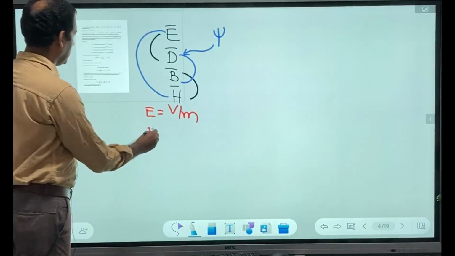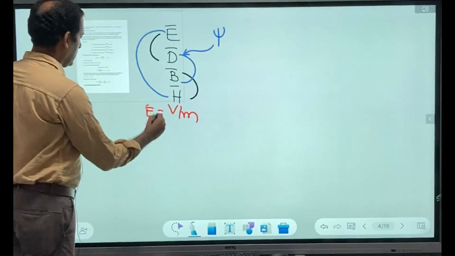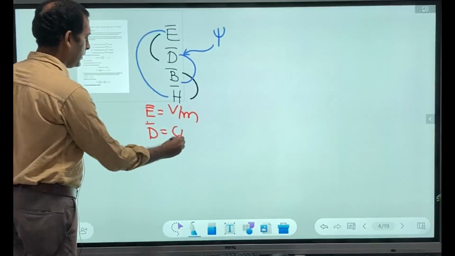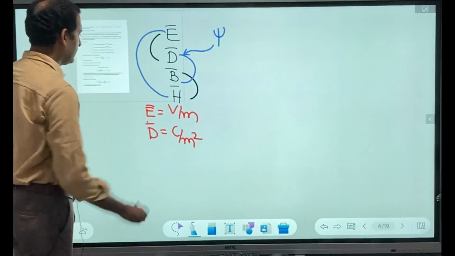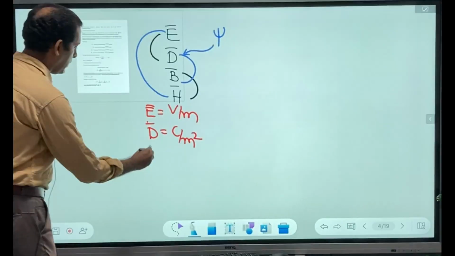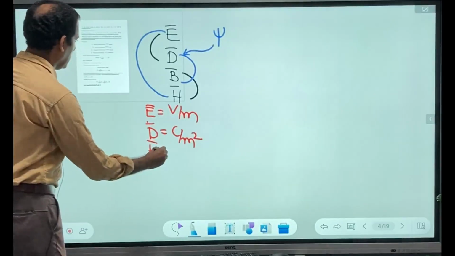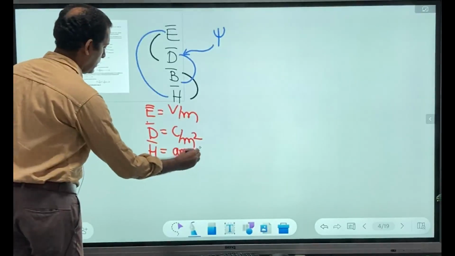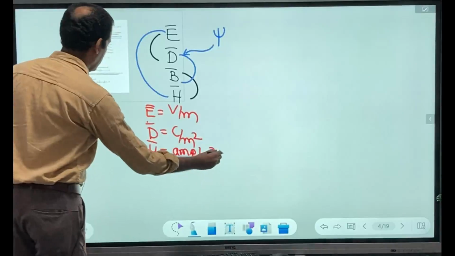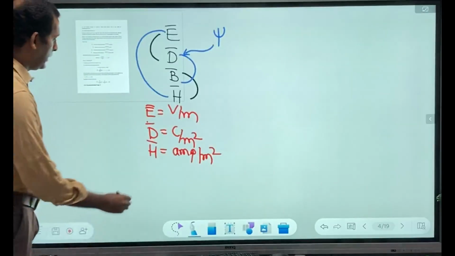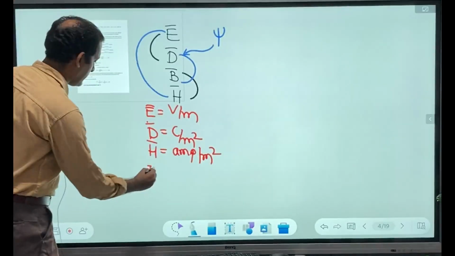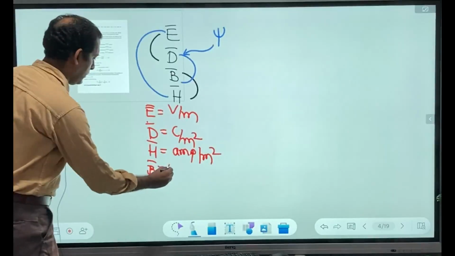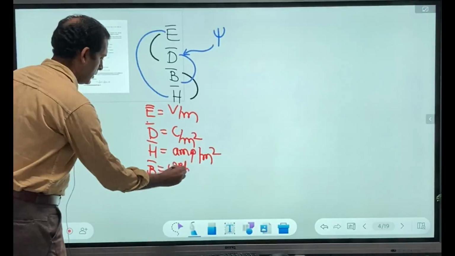Unit for D is coulombs per meter square. Unit for H is amperes per meter, and unit for B is Webers per meter square.